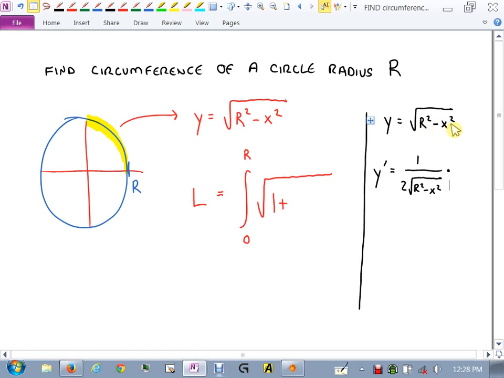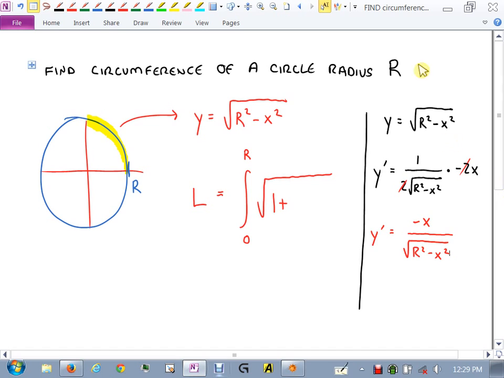What's the derivative of negative x squared? Negative 2x. And so the 2's cancel here. So what we get is that y prime is equal to negative x over the square root of capital R squared minus x squared. Y'all okay with that?